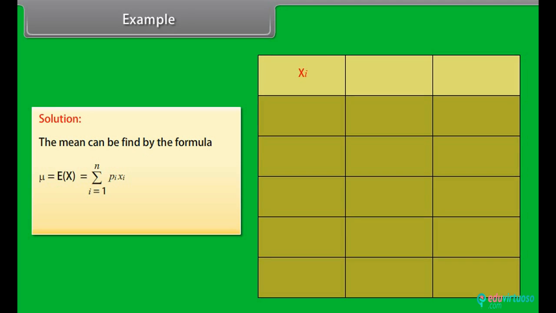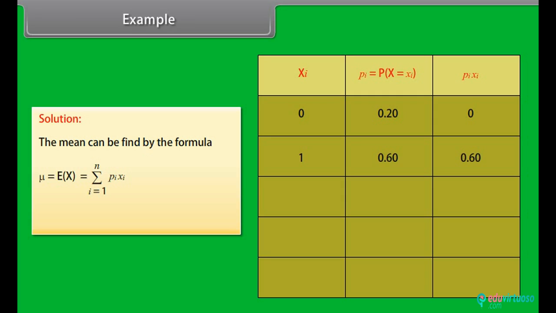For xi equal to 0 and pi equal to 0.20, pi xi is equal to 0. For xi equal to 1 and pi equal to 0.60, pi xi is equal to 0.60.